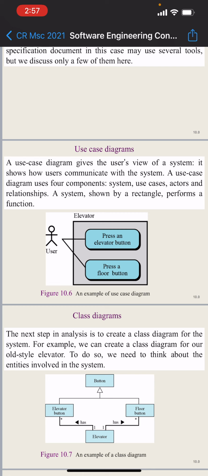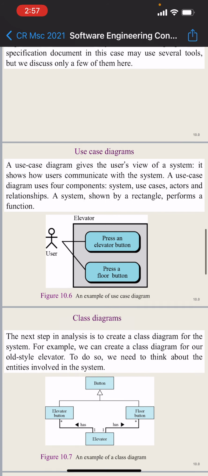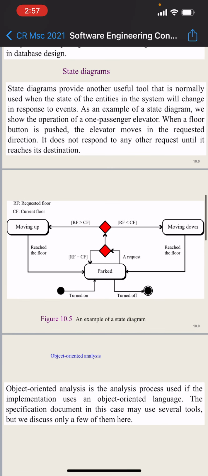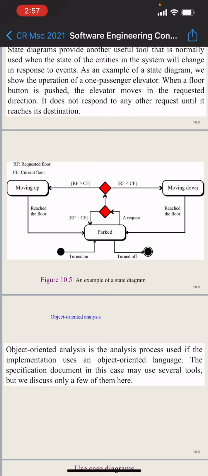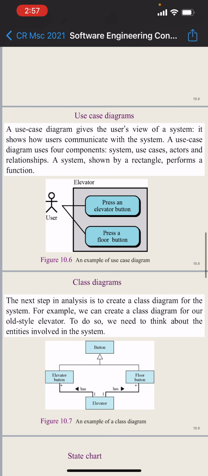For example, if we go back to the elevator state diagram, we discussed the use case diagram for that example again. The elevator, the lift which we use in a tall building for moving up and down.